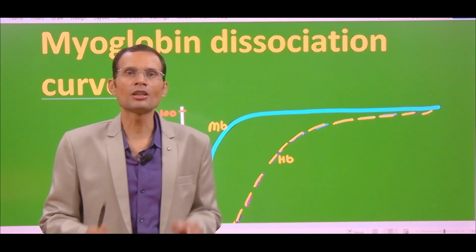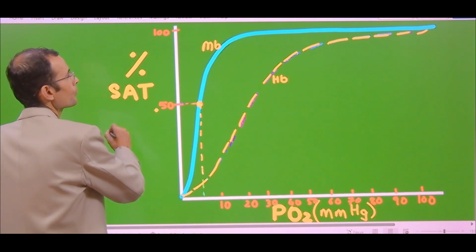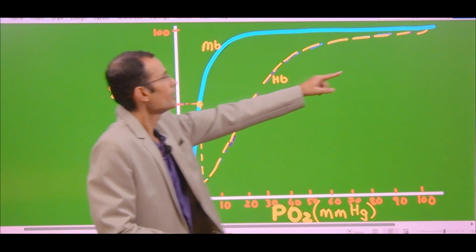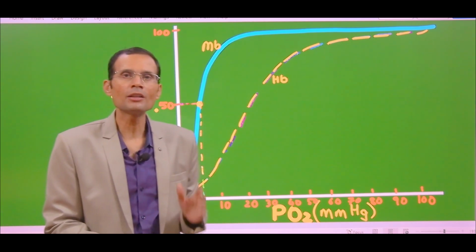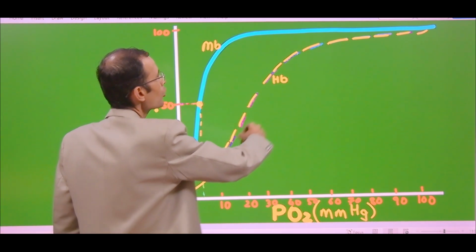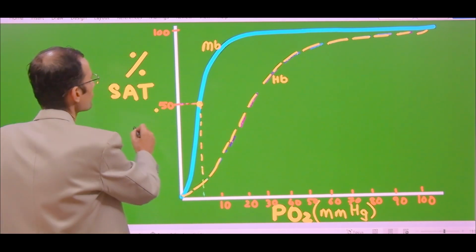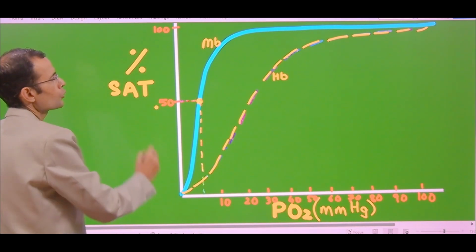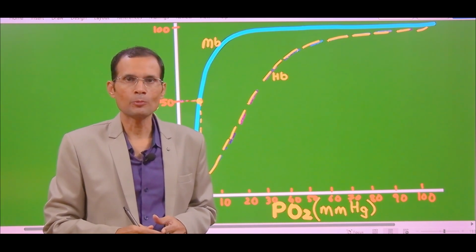The myoglobin dissociation curve is a rectangular hyperbola. You can see here the curve shown in blue is the myoglobin dissociation curve, and compare it with the oxyhemoglobin dissociation curve, which is S-shaped.